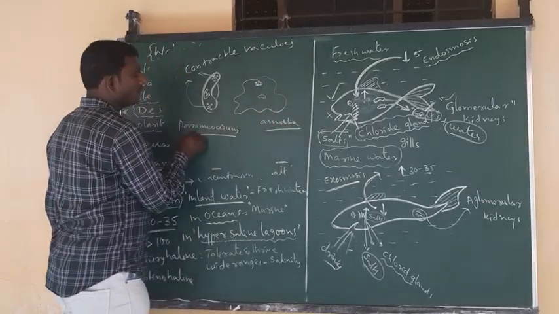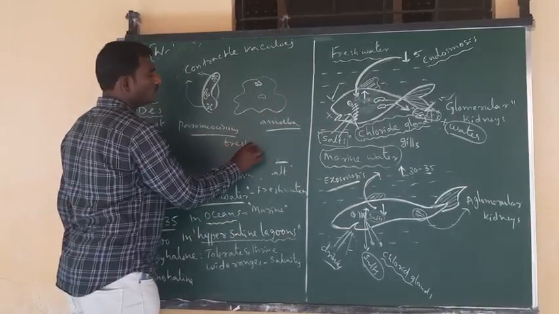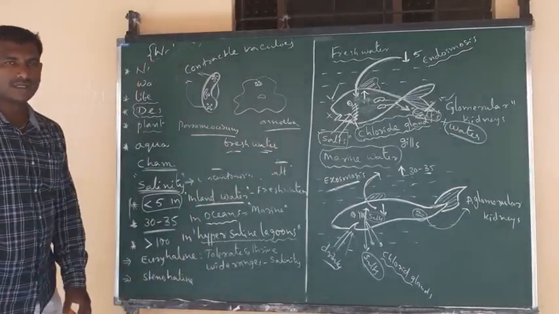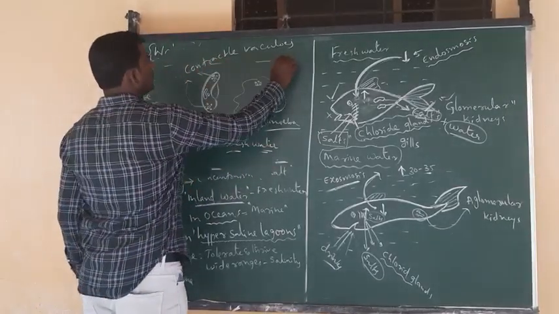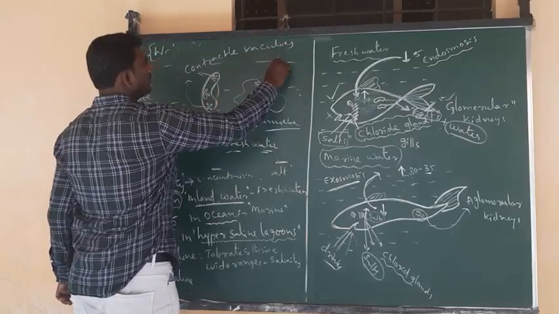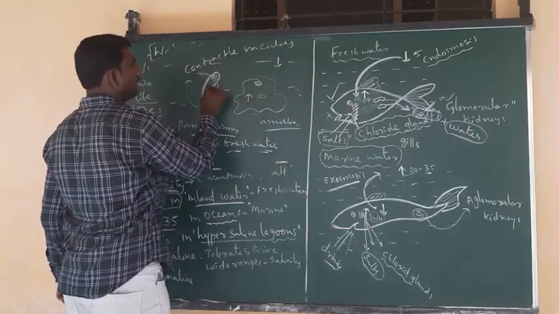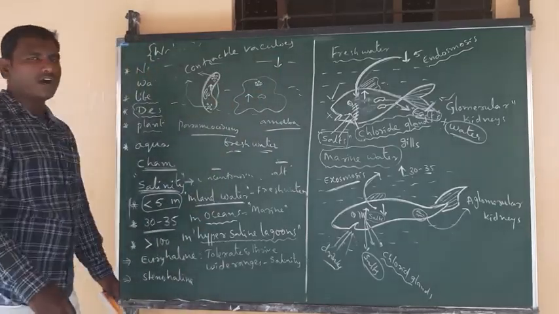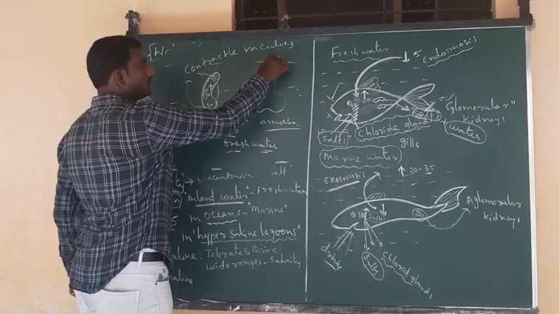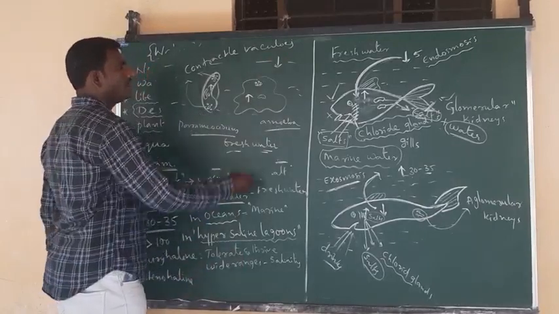Both amoeba and paramecium are freshwater organisms. So compared to their surrounding water, the surrounding water salinity is less compared to their body fluids. Means their body fluids' salinity concentration is more compared to the surrounding water. Then automatically what happens?